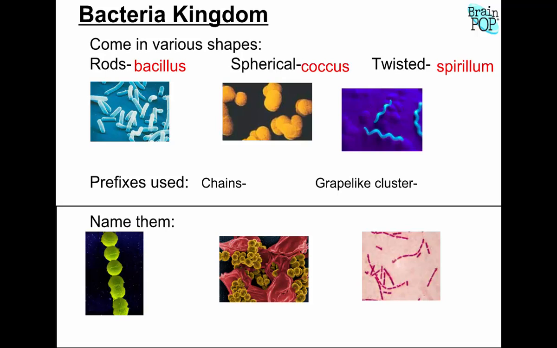And then often a prefix is used about how they grow in groups. Some bacteria will grow as chains, one linked to another. Those are called strepto. Others grow in clusters, like a cluster of grapes. Those are called staphylo.